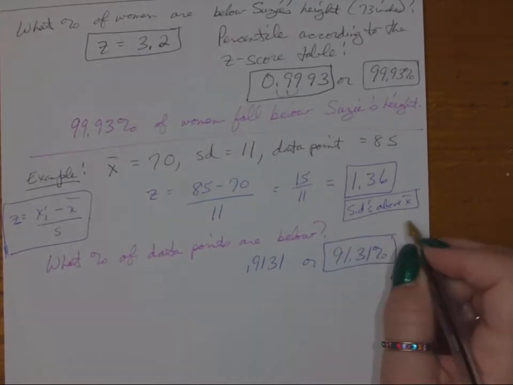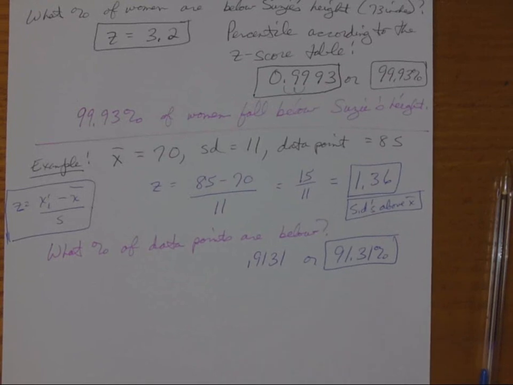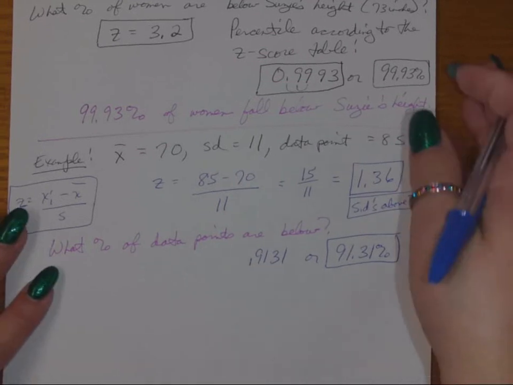So you can see how this gives me uneven percentages. It's not those nice round ones that we get where it falls exactly on a standard deviation. So 91.31% of the data points are below him. Well, think about it.